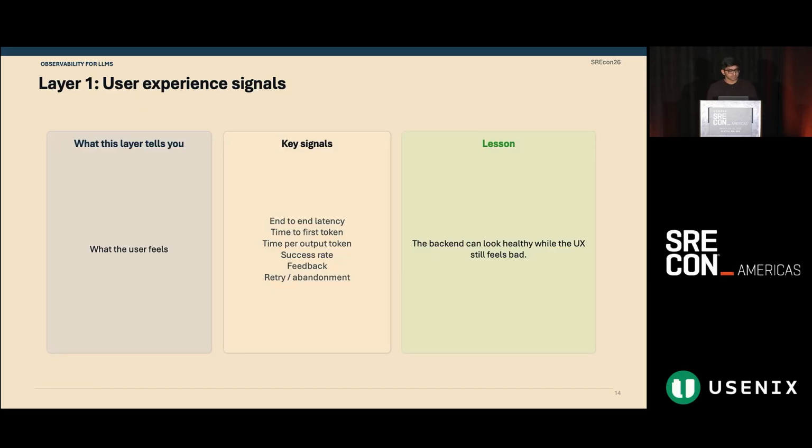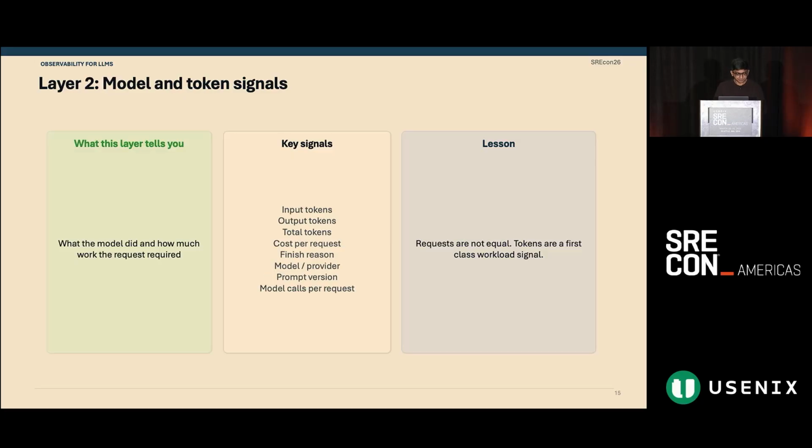So let's look at the first layer, user experience signals. In this layer, we focus on these key metrics: end-to-end latency, time to first token, time per output token, success rate, user feedback, retry rate, and abandonment rate. The key here is that in streaming systems, time to first token is highly important to measure, and not just end-to-end latency.